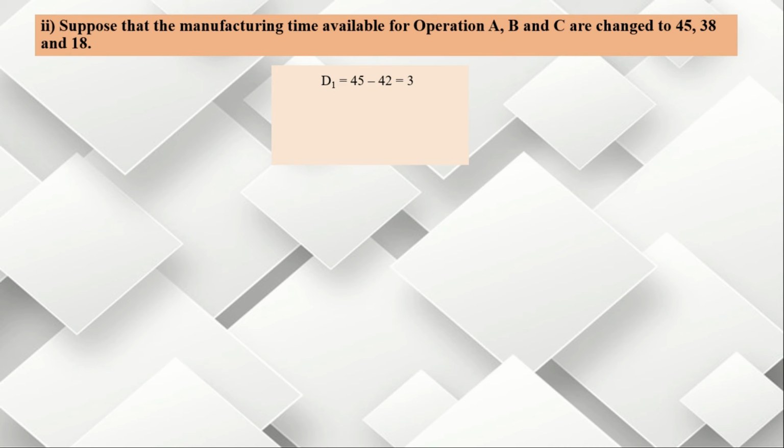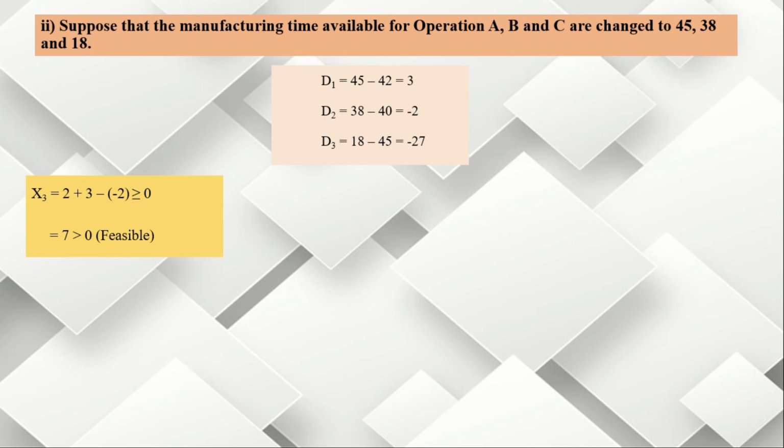Then we need to find the right hand side changes to get the values for D1, D2 and D3. D1 equals 45 minus 42 equals 3, D2 is 38 minus 40 equals negative 2, and D3 is 18 minus 45 equals negative 27.